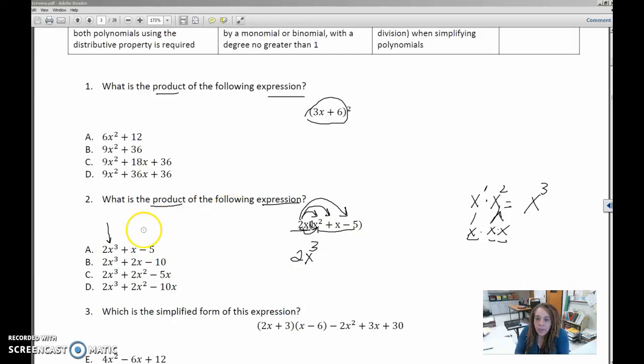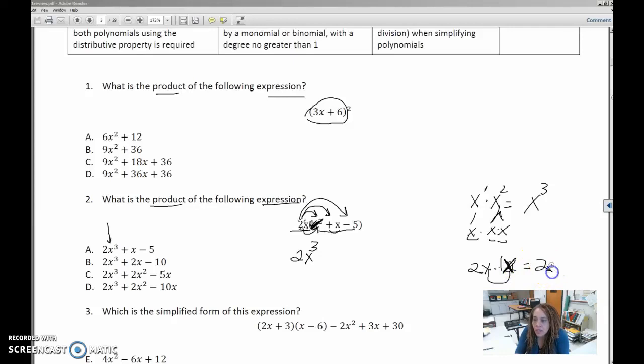And I'll come back here to 2x now. So we did that one. 2x times x. Okay, 2x times x. Same thing. 2 times coefficient 1, because there's nothing in front of that x, is still 2. And now this time, how many x's do I have? Just 2 of them.